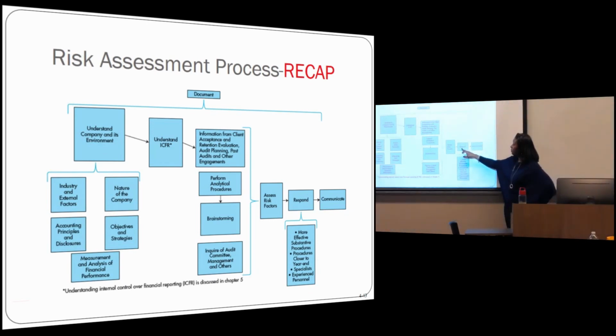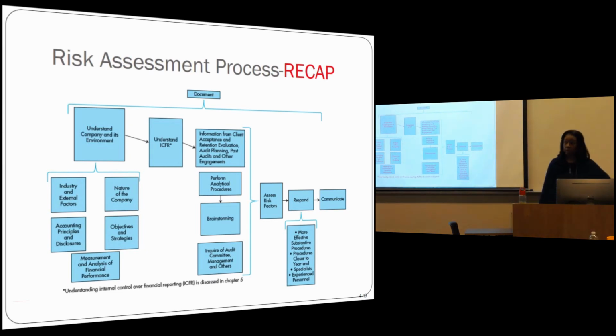They then respond to that risk, which is the nature, timing, and extent of the audit procedures they perform. For example, if they determine that the risk of material misstatement is high, they perform more effective procedures, closer to year end, and the communication is obviously the audit report.